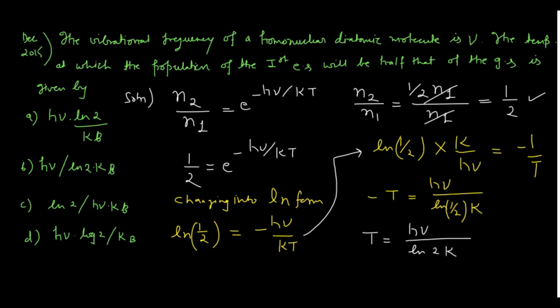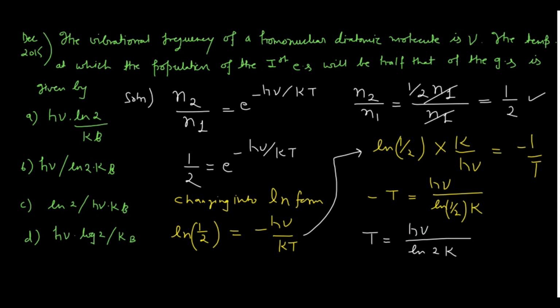For this you need to understand that log of m by n equals log m minus log n. So if I change the negative sign from here and make it positive, and put the negative sign here, this log part will change and this will become ln 2 of k. So let's check whether this option is given in the options or not.